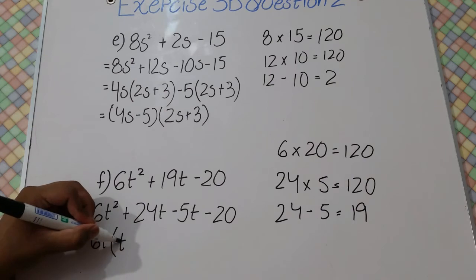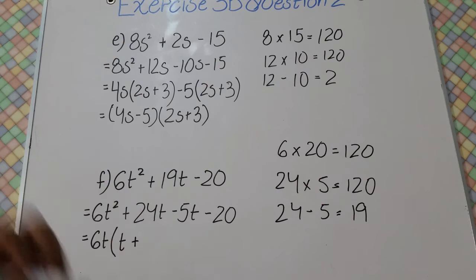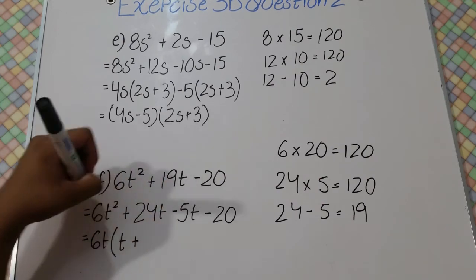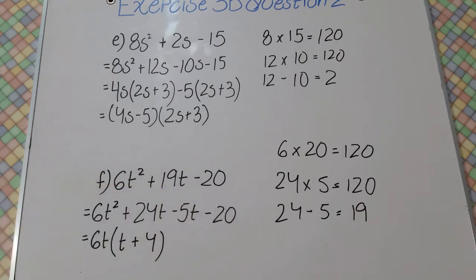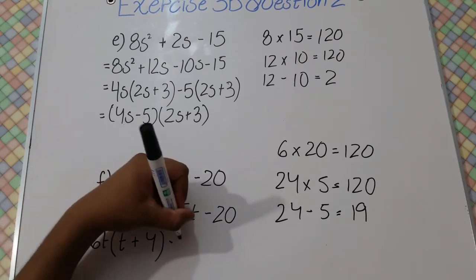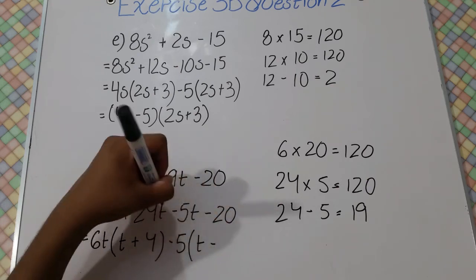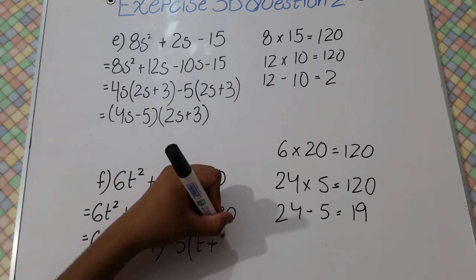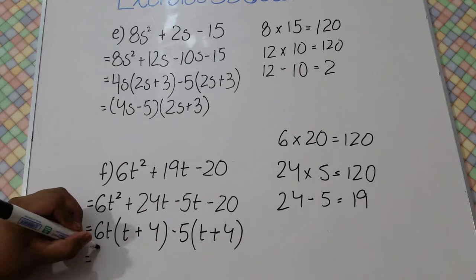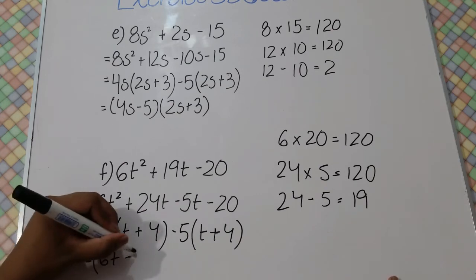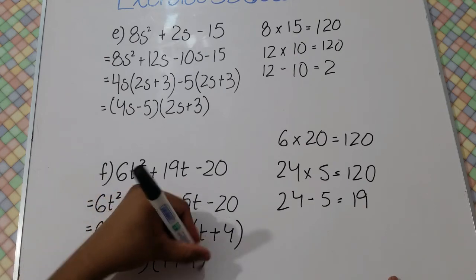So if I write t over here, 6 multiplied by t is 6t square and then plus 4 because 6 4s are 24. Then over here common is 5 like this, and 5 4s are 20 and minus is plus. So both the brackets are same. Now it would be 1 time 6t minus 5 and 1 time t plus 4.